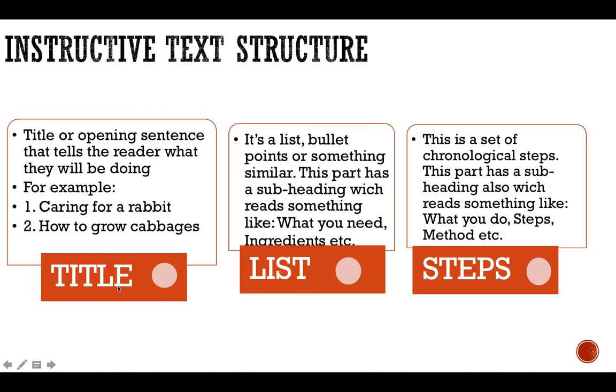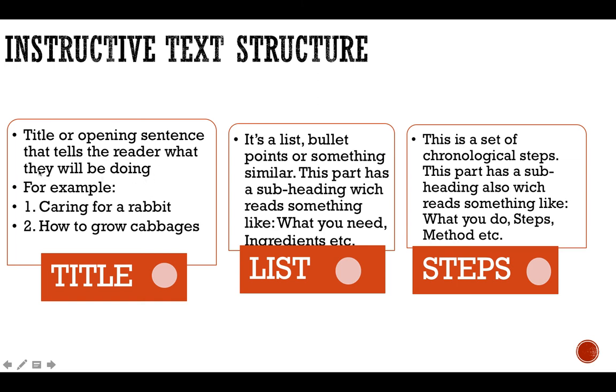Now we're going to check the structure of this text. Most instructive texts are usually structured in three parts. The first part is the title or opening sentence that tells the reader what they will be doing.